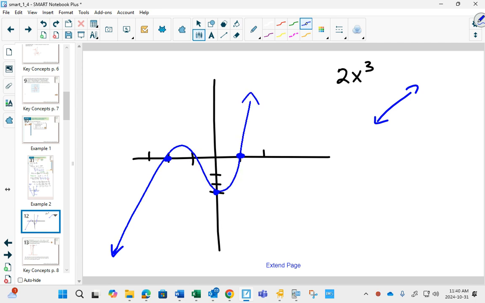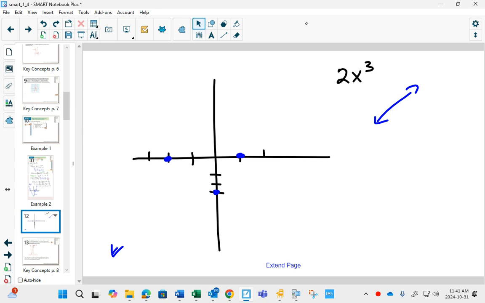Everything matches up, but what did I do? I added an extra x-intercept. So that's wrong. How do I do this then? It bounces. It goes to here, but bounces off of that, and then goes up. That would work. So we're going to learn next how to recognize when some things bounce, and sometimes they're actually going to, at the x-intercepts, bend.